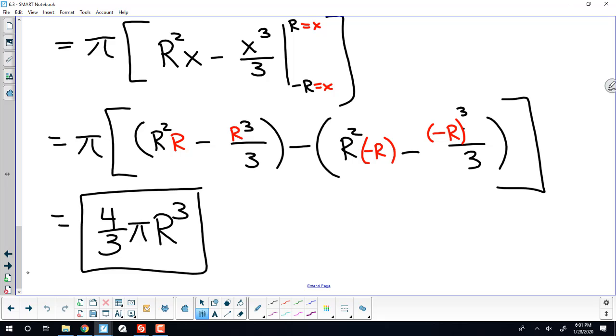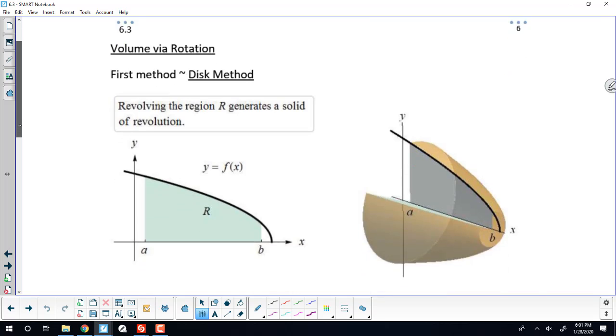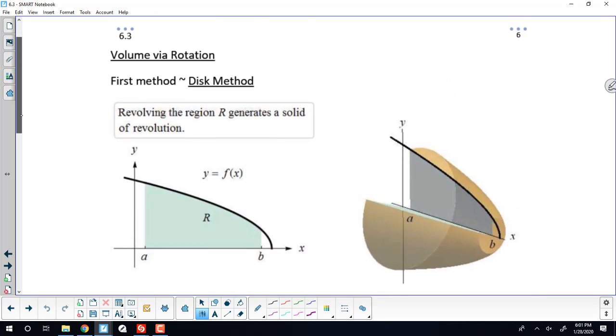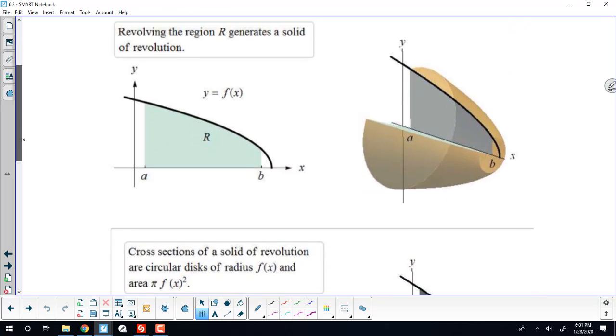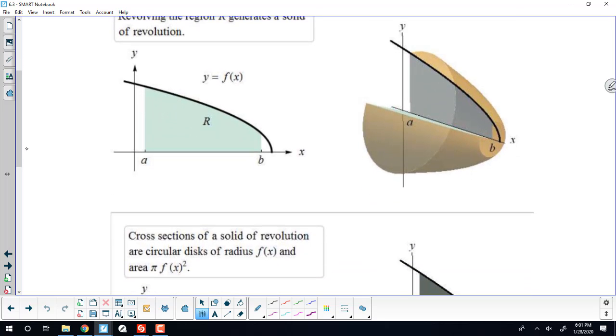All right. So what we're going to look at then is volumes of rotation here in the remainder of 6.3 and all of 6.4. We're looking at finding the volume of this gold figure, but thinking about it from the perspective of only concerning ourselves with the area.